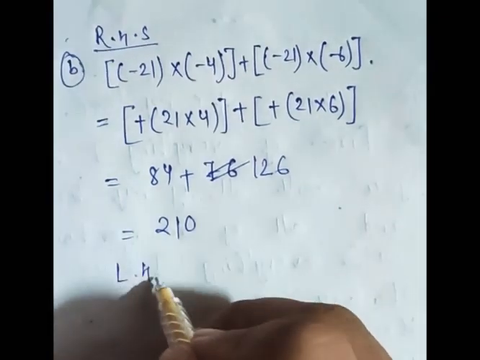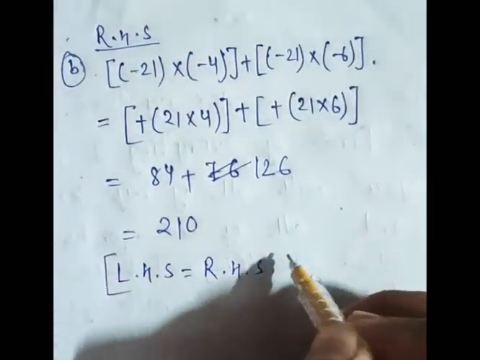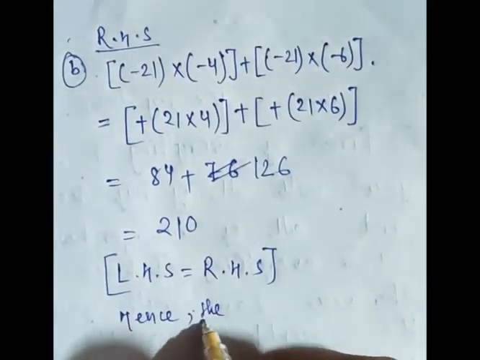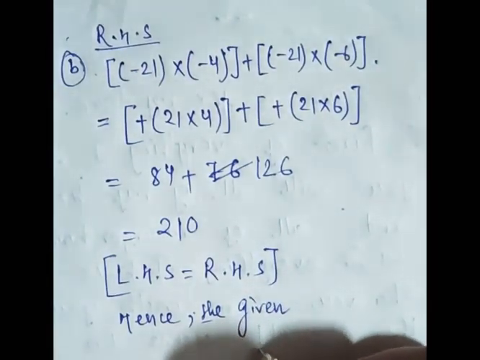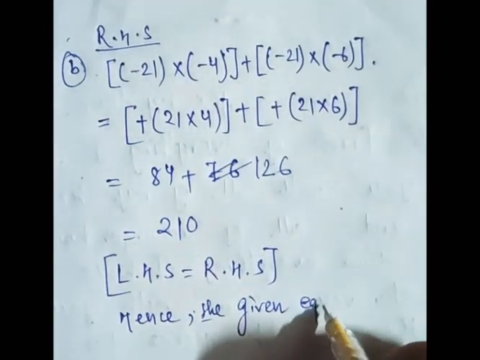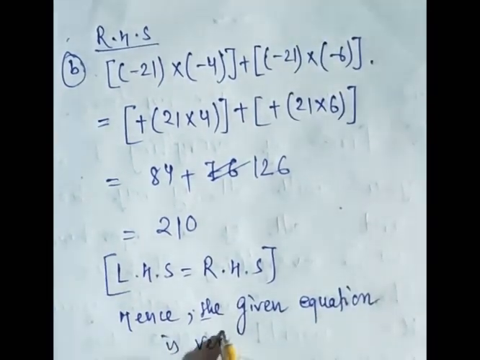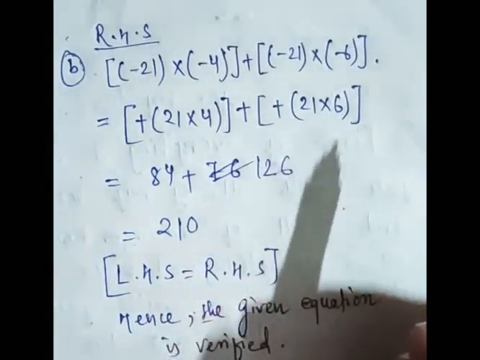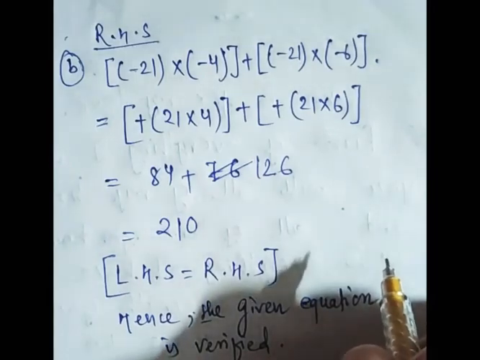This indicates that LHS is equal to RHS, right? So hence the given statement is verified. Sorry for this mistake. Sometimes it happens, right? Okay, so let's move on to the next question.